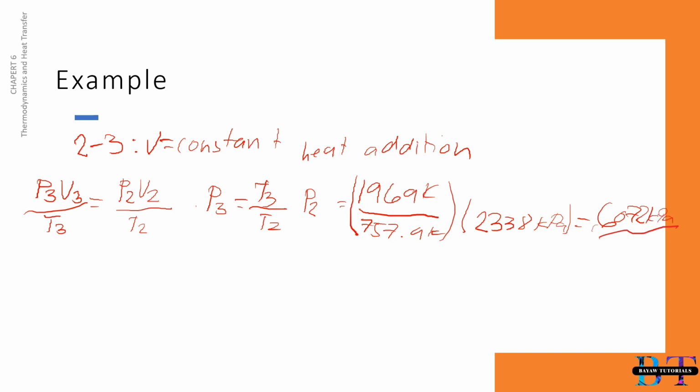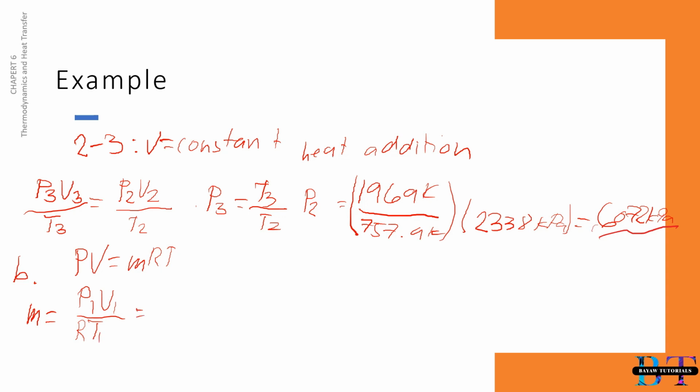So let's proceed to letter B. Using PV is equal to mRT, we are looking for the mass. So mass is equal to pressure 1 times volume 1 over our gas constant times the temperature 1.